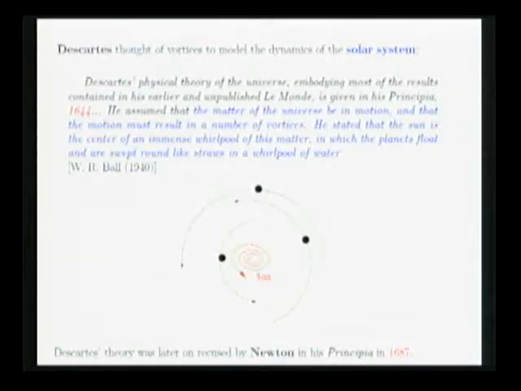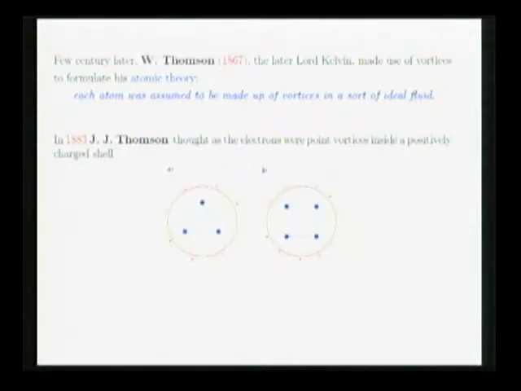In fact, for him, the sun was like a big vortex, and the planets were going around. Of course, this was not an idea that would give rise to stable motion. And in fact, Newton, 40 years later, came out with the theory of gravitation, with a different kind of story.